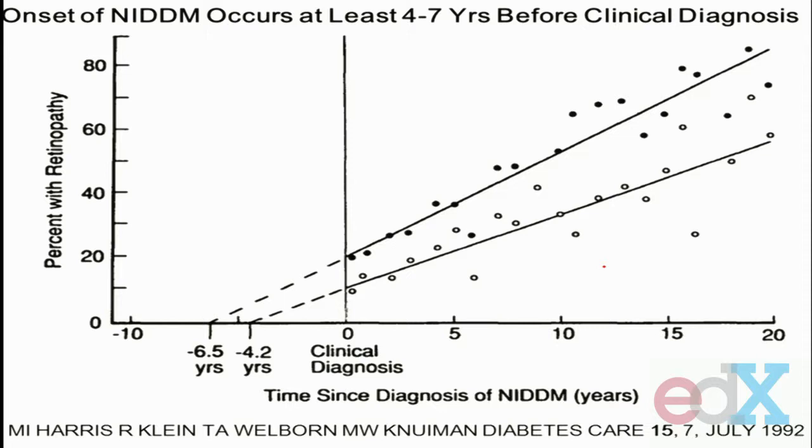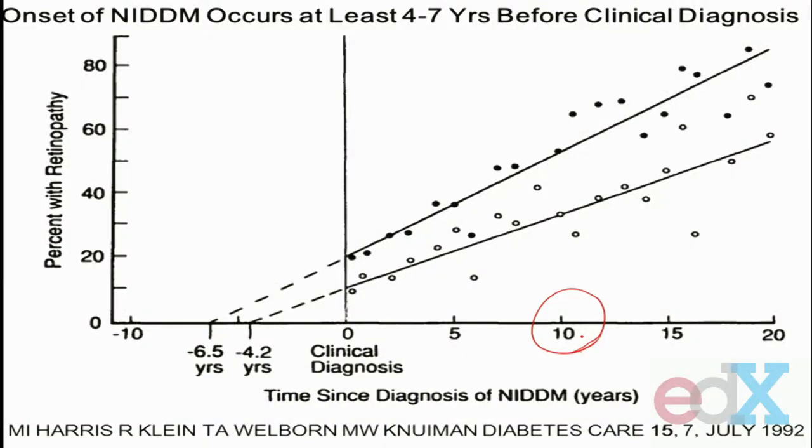They looked at people who have been diagnosed for a certain number of years post-diagnosis with NIDDM, or type 2 diabetes, and then they looked at retinopathy. So what percent of these people had retinopathy?